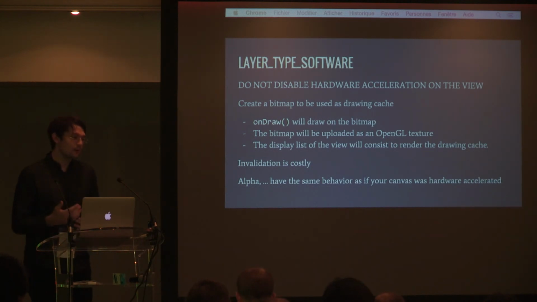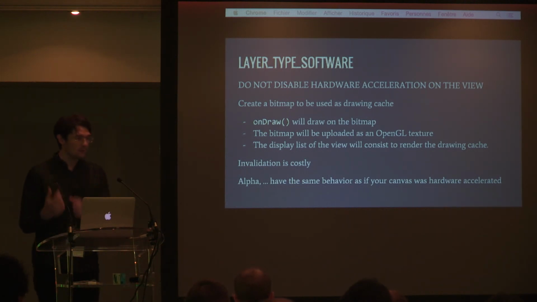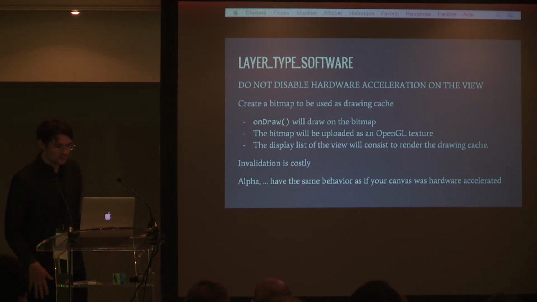See, it's the case where you can have a view that is hardware accelerated, since the window is hardware accelerated, but the canvas, as it is a bitmap, is not hardware accelerated. So, yeah, when you are drawing, really check if the canvas is hardware accelerated.